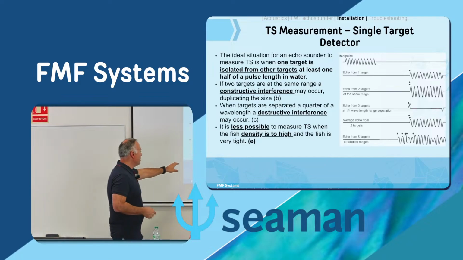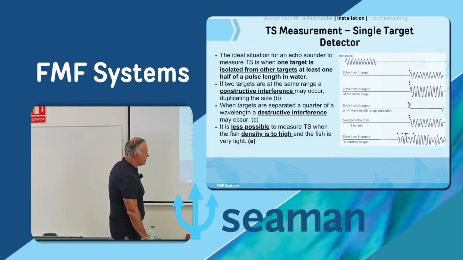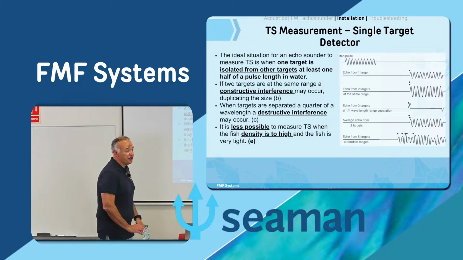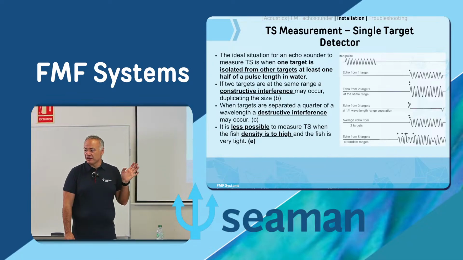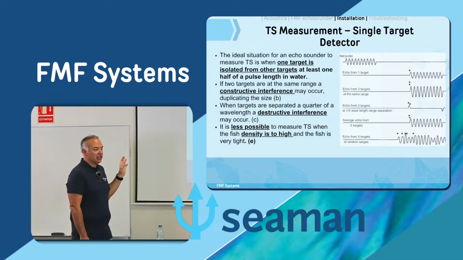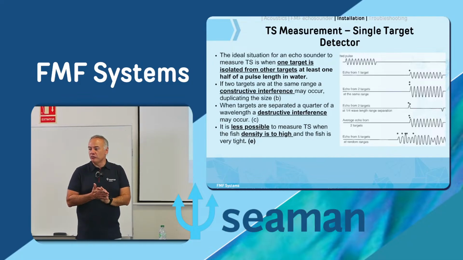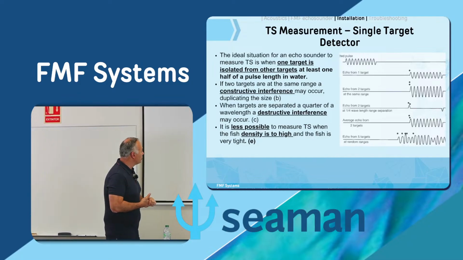If density is too high, the fish are very tight, then you receive this. The system analyzes the signal for every target and decides, this I'm going to take to measure, this I'm not going to count.